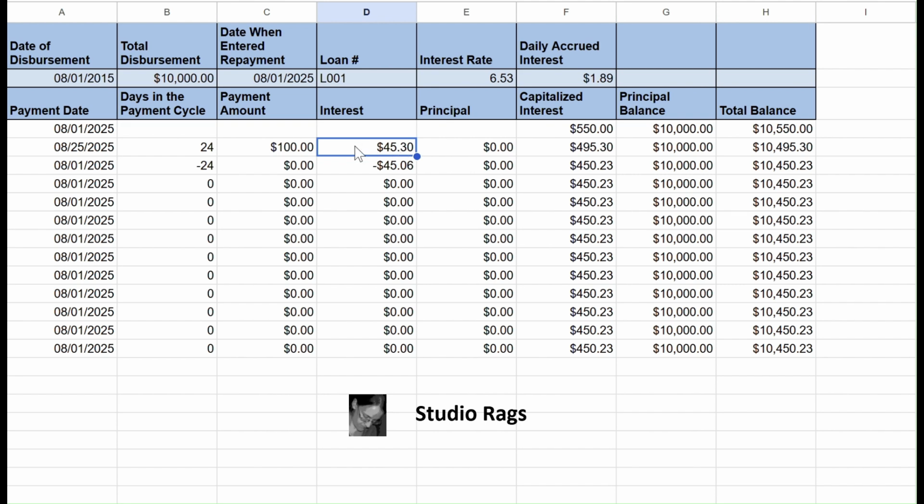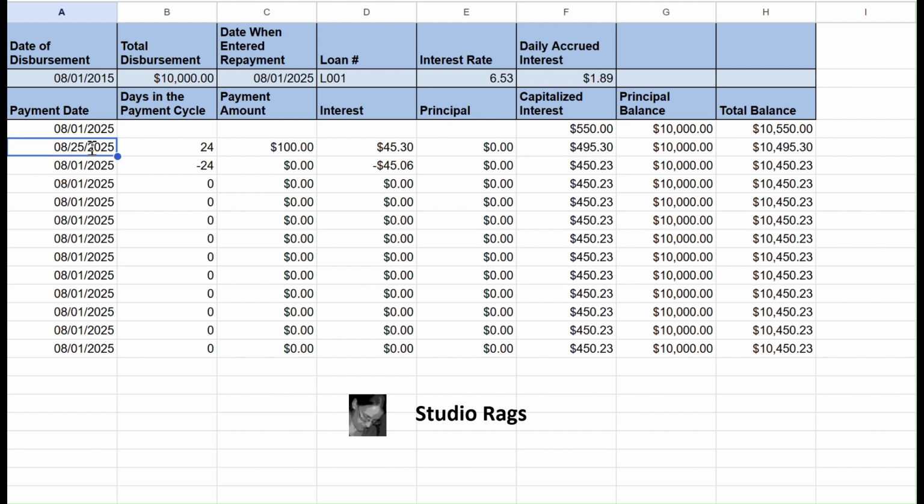So we're going to assume that this was the August payment, so payment of $100. It paid the $45 of interest for the month, and then the rest of it reduced the capitalized interest. Now, if you want to confirm what your daily interest rate is, you can do that in this spreadsheet.